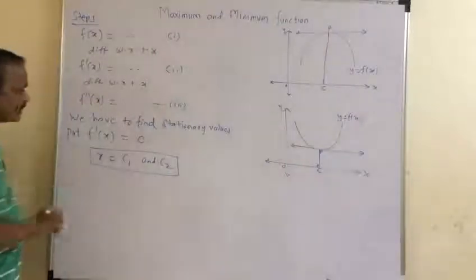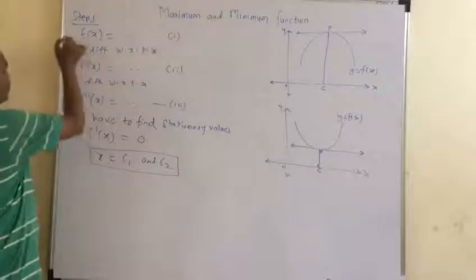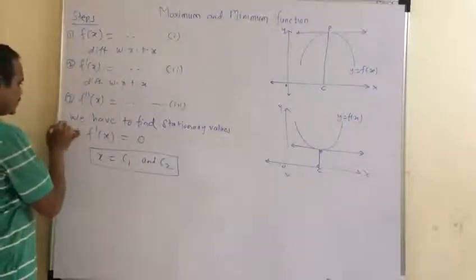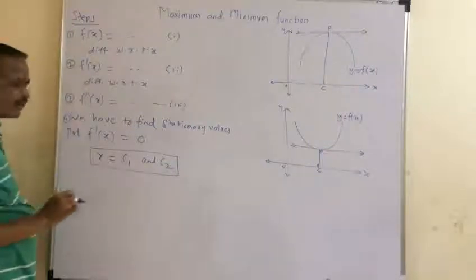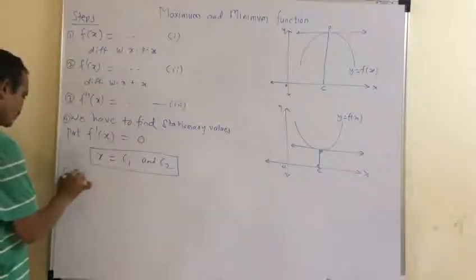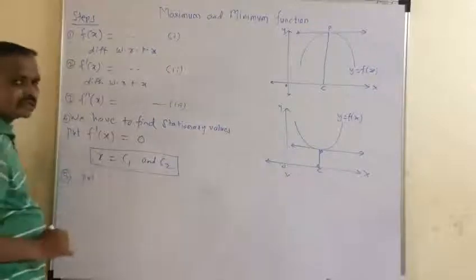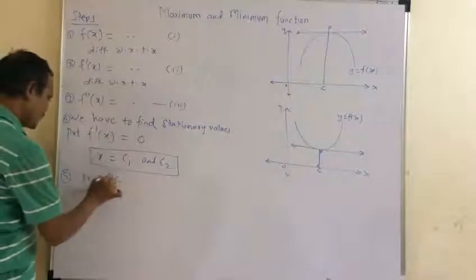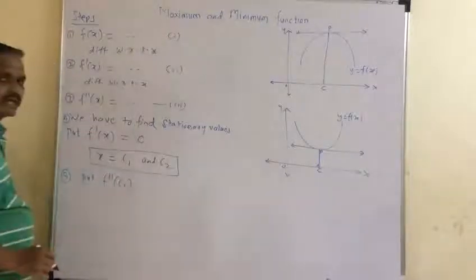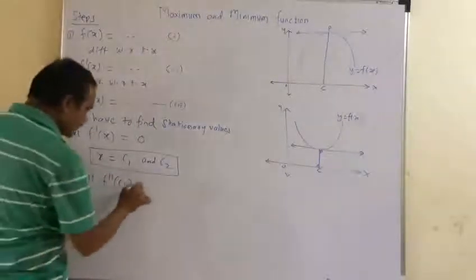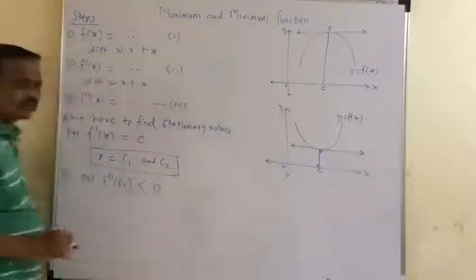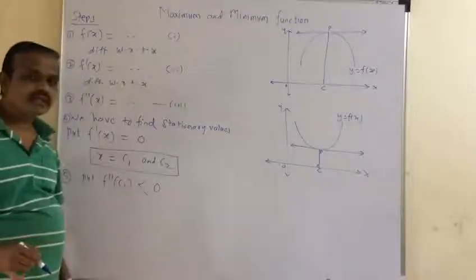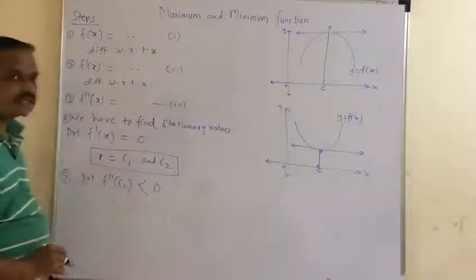Now for the next step, we give this number first, second, third, and this is our fourth step. Now for the fifth step, we put one of the values in equation 3 as f double dash of c1, and if it is less than 0, that means it takes a negative value, then the given function is maximum.